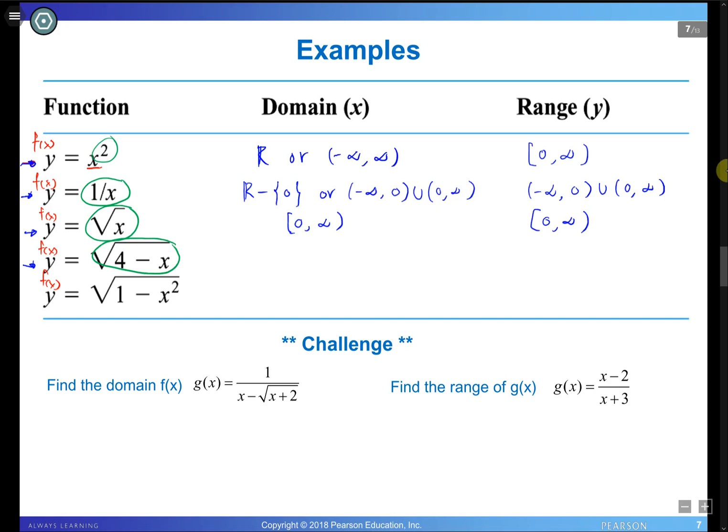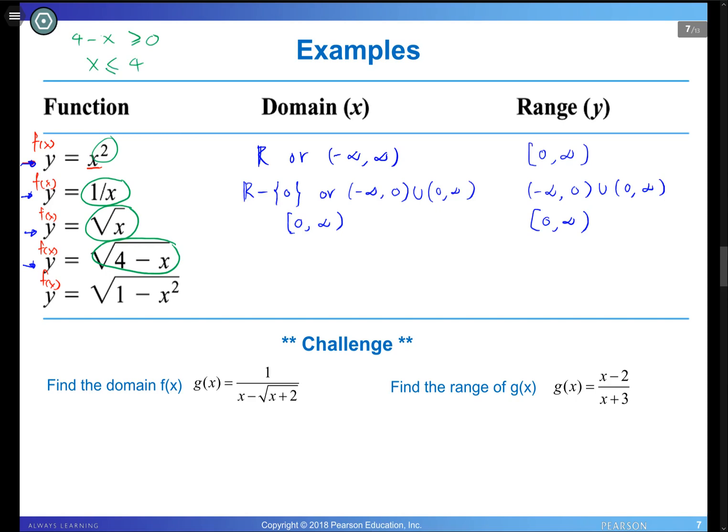So we have this condition: 4 minus x has to be greater than or equal to 0. You can move things around and see that x is less than or equal to 4. And there you go, you have the domain of this function.